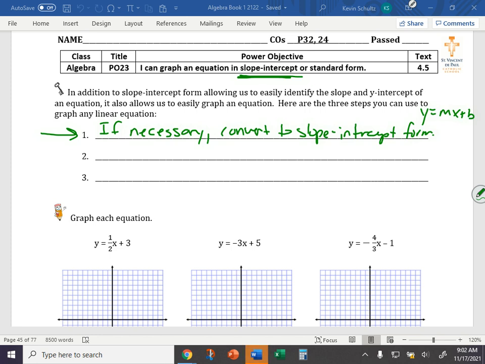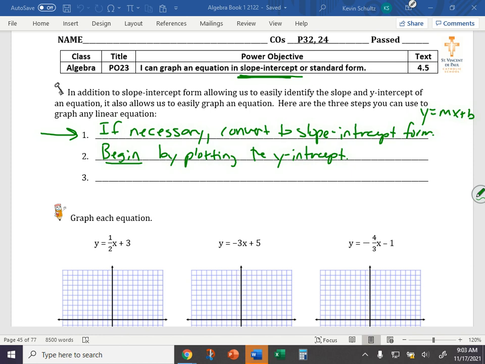Step 2, you begin by plotting the Y-intercept. The first point that you plot is the Y-intercept. Why do you think I used the word begin for this? Why do you think I used the word begin, Wyatt? To start with it, but why not say start?